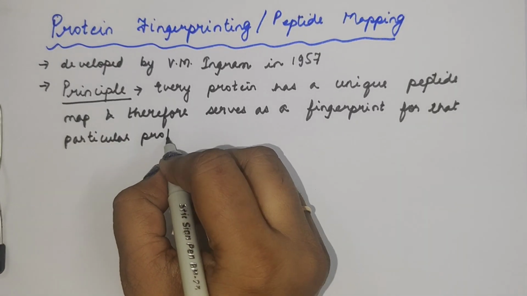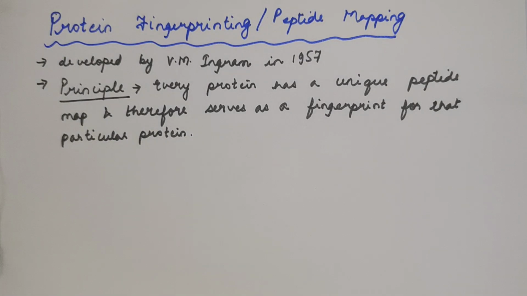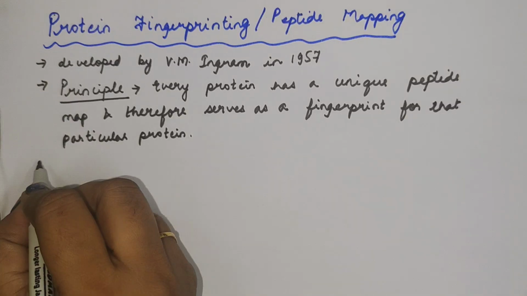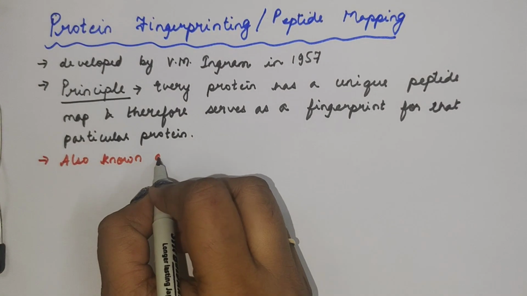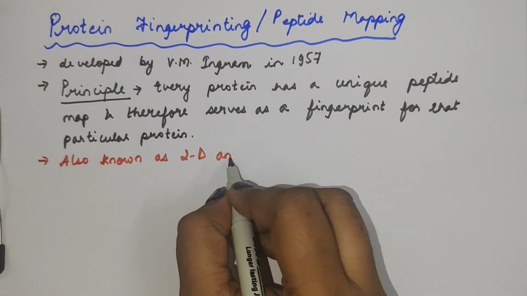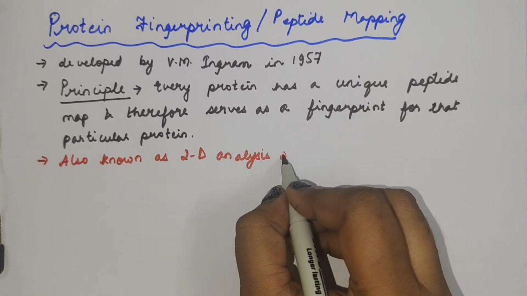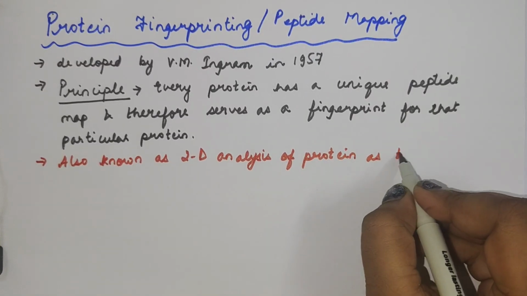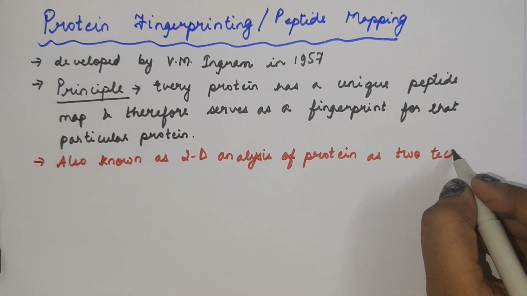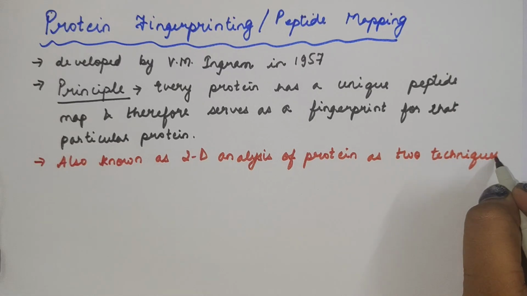In the same way, every protein has a unique fingerprint. It means if two proteins are cut with the same enzyme, then the pattern of fragments obtained from both the proteins will be different.